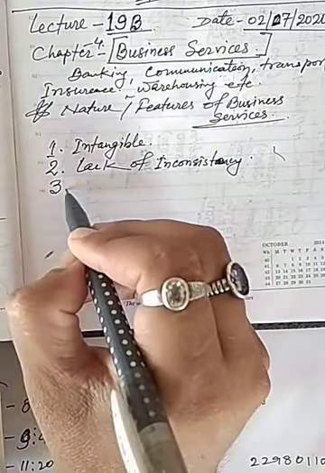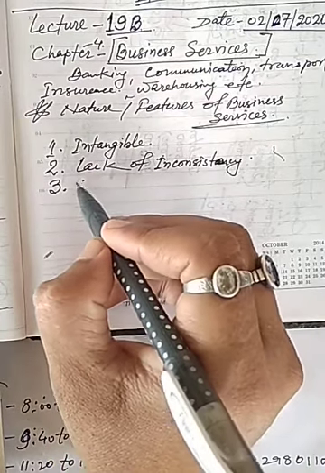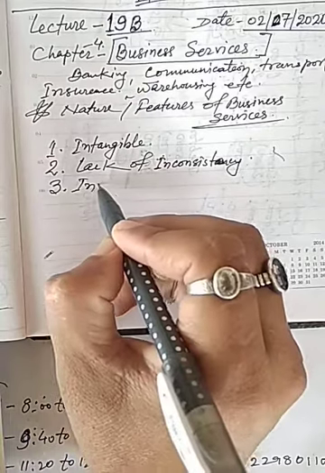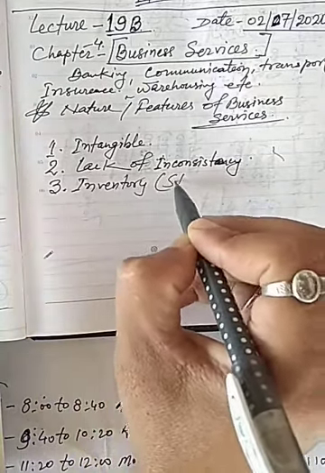Now, the third point is inventory. Inventory means stock.